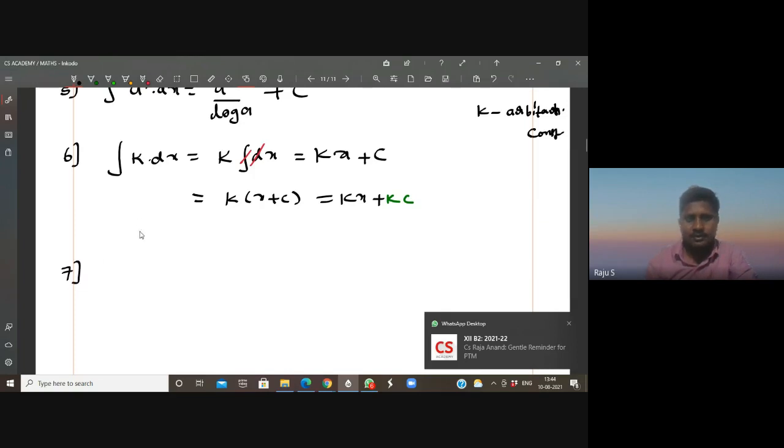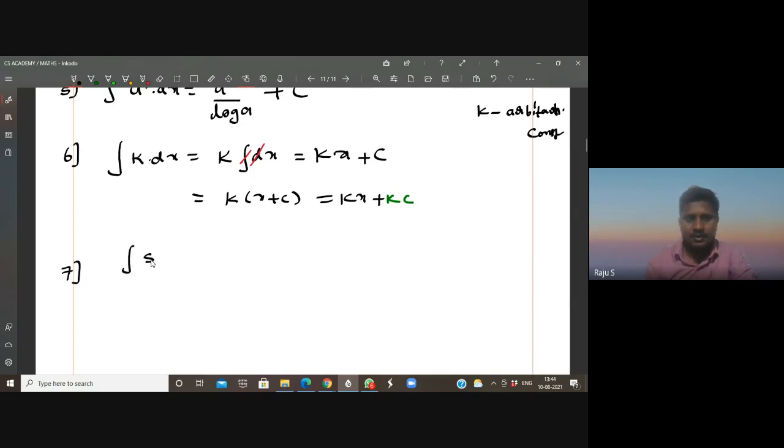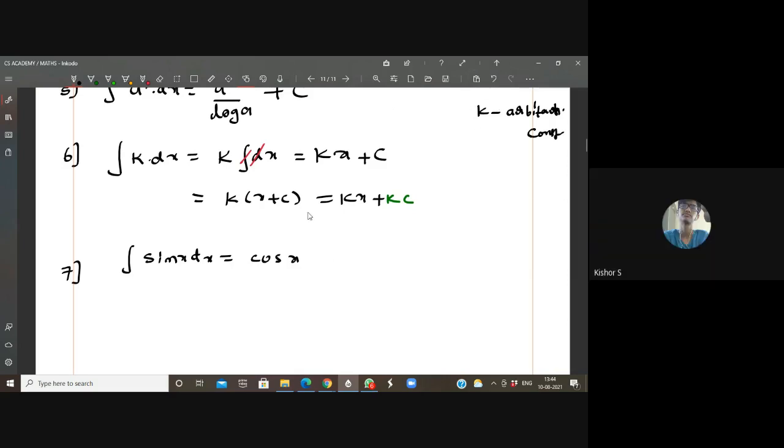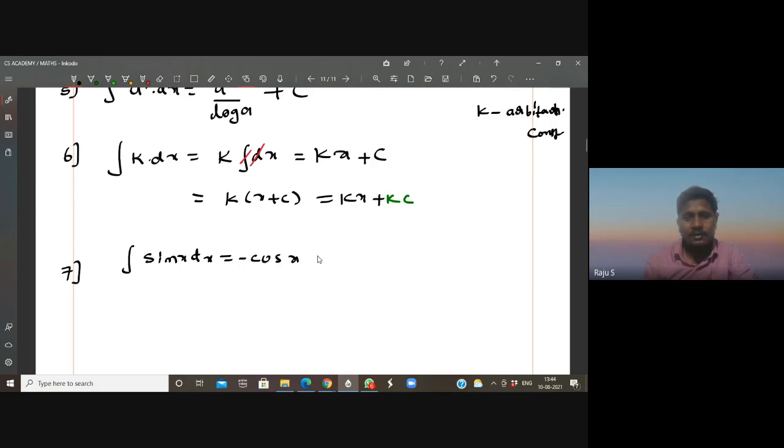Right. Next, seventh one. What is integral of sin x? Is it cos x or minus cos x? Derivative of sin x is plus cos x, but integral of sin x is minus cos x plus c. Eighth one: integral cos x dx. What is the derivative of minus cos x?